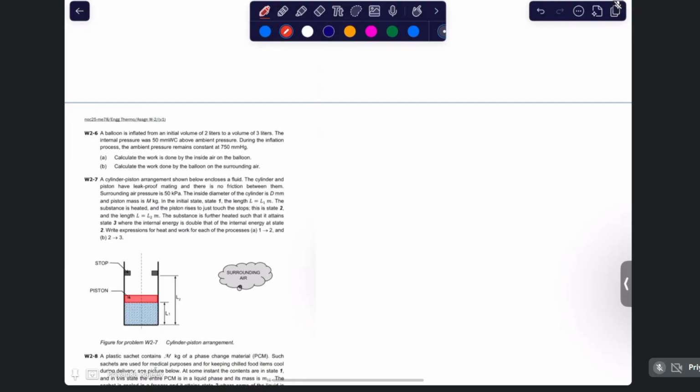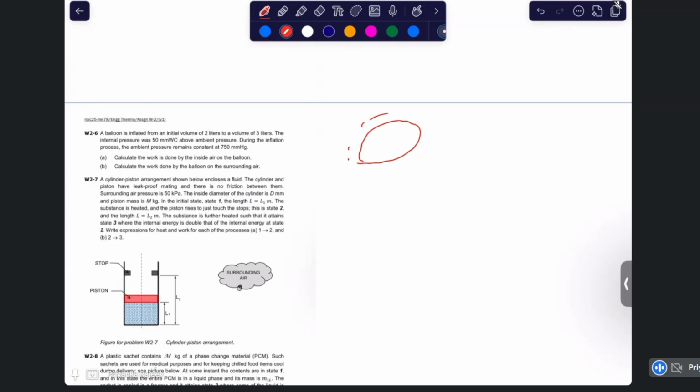Okay, so calculate the work done by inside air on the balloon, and calculate the work done by the balloon on the surrounding air. So the question is, there was a balloon which is getting inflated.